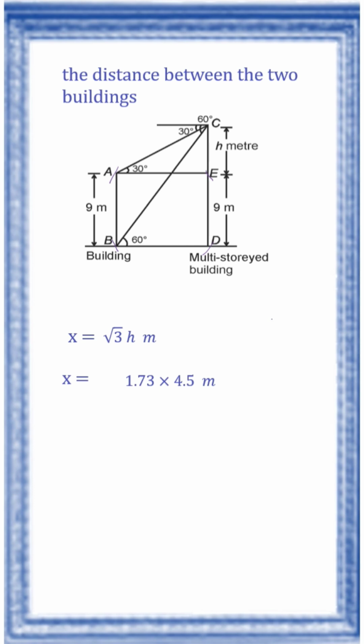If we multiply 1.73 and 4.5, we will get 7.785 meter. So the distance between the two buildings is 7.785 meter.